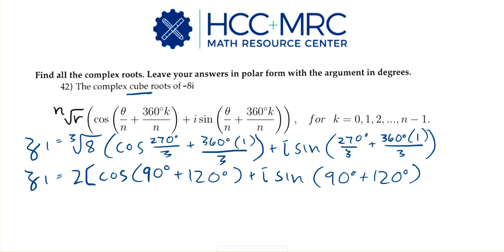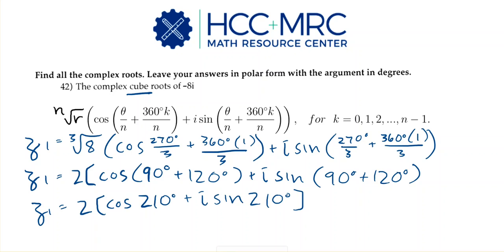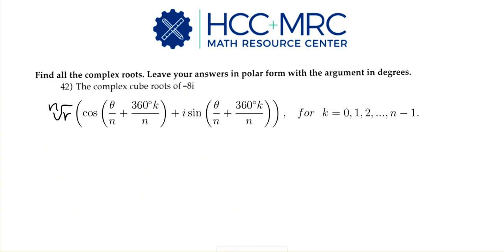When we simplify, we get z of 1 equals 2 times the cosine of 90 degrees plus 120 degrees plus i sine 90 degrees plus 120 degrees, which ultimately gives us z of 1 equals 2 times the cosine of 210 degrees plus i sine 210 degrees.